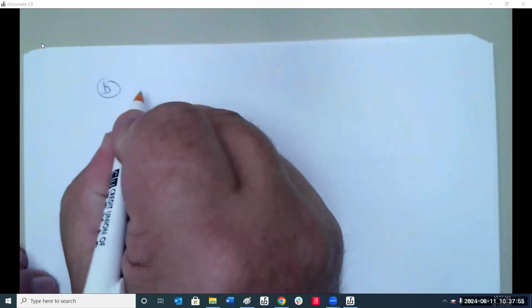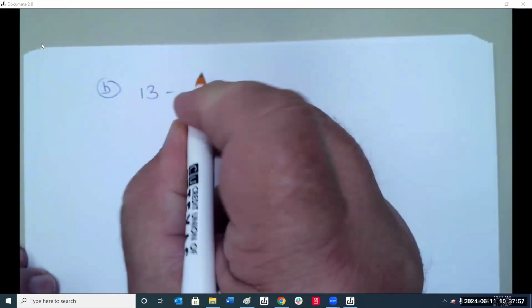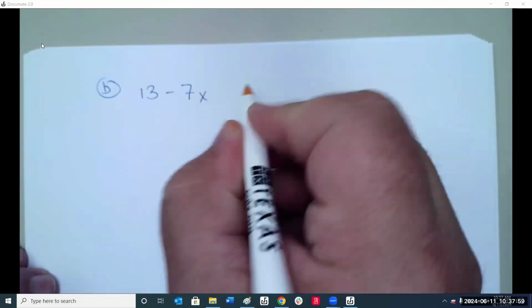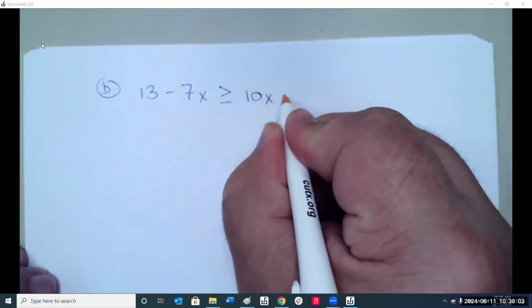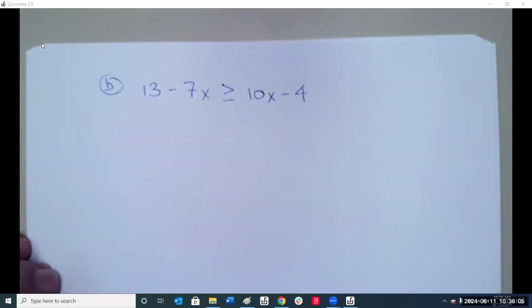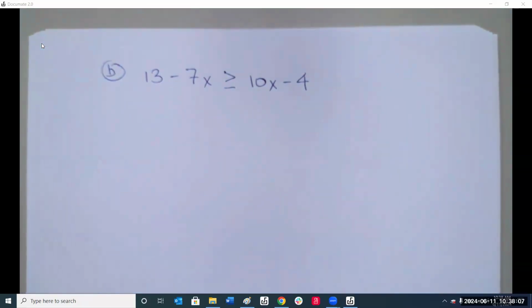B. 13 minus 7x is greater than or equal to 10x minus 4. I'll let y'all work on this real quick. So what's my first step?